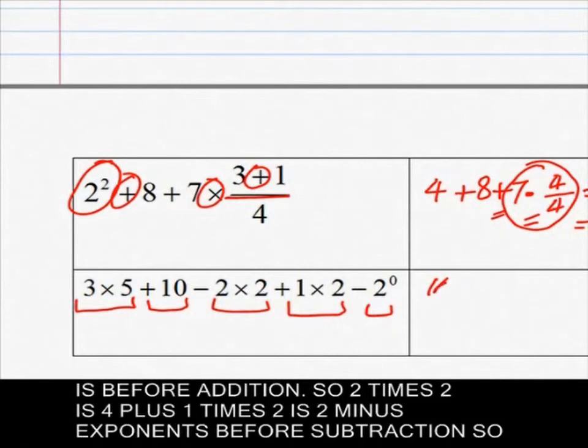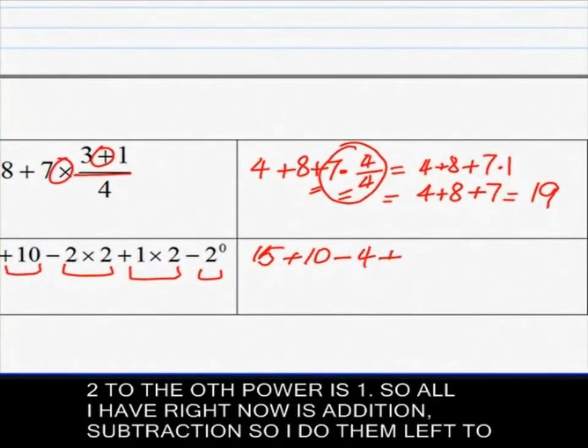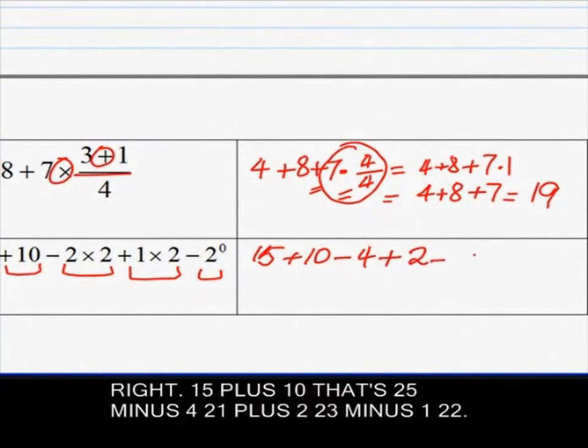So 2 times 2 is 4, plus 1 times 2 is 2, minus exponent is before subtraction, so 2 to the 0th power is 1. So all I have right now is addition, subtraction, so I do them left to right. 15 plus 10, that's 25, minus 4, 21, plus 2, 23, minus 1, 22.